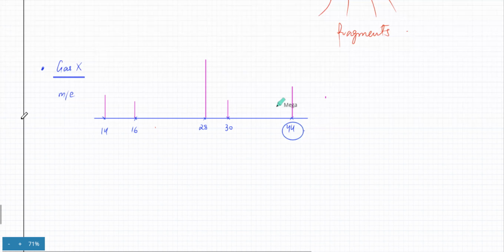So that means that's the largest piece. That means it did not break down. It's the whole molecule that's actually getting detected. And all of these are fragments. The big molecule over here, which is 44, broke down into tinier pieces and resulted in smaller molecules.